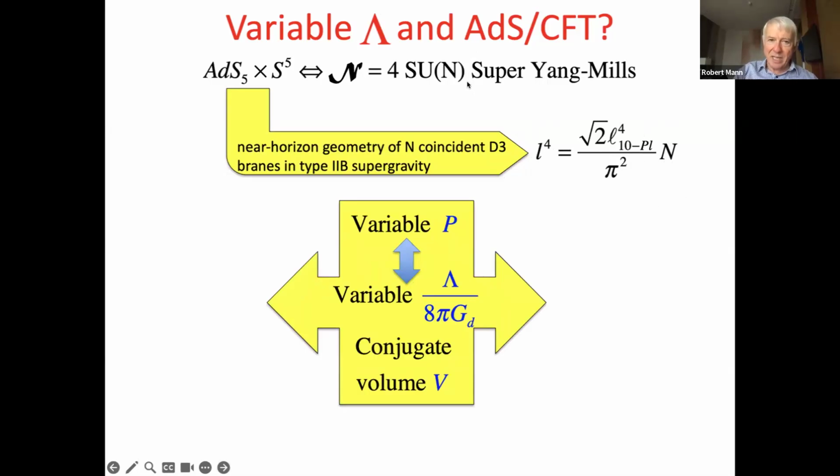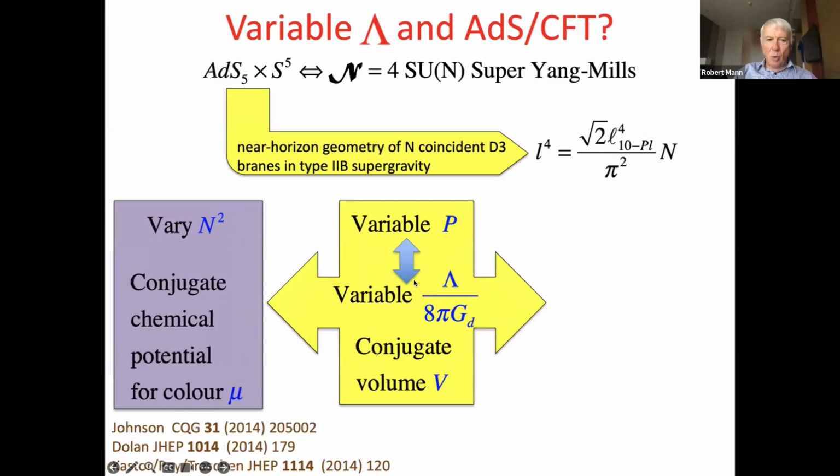The N of SU(N) is some number, some integer. But variable pressure from black hole chemistry suggests lambda should be variable. So one way of understanding this is that N squared, or N, can be varied, and it has a conjugate chemical potential for the color, the SU(N) color of the super Yang-Mills theory.